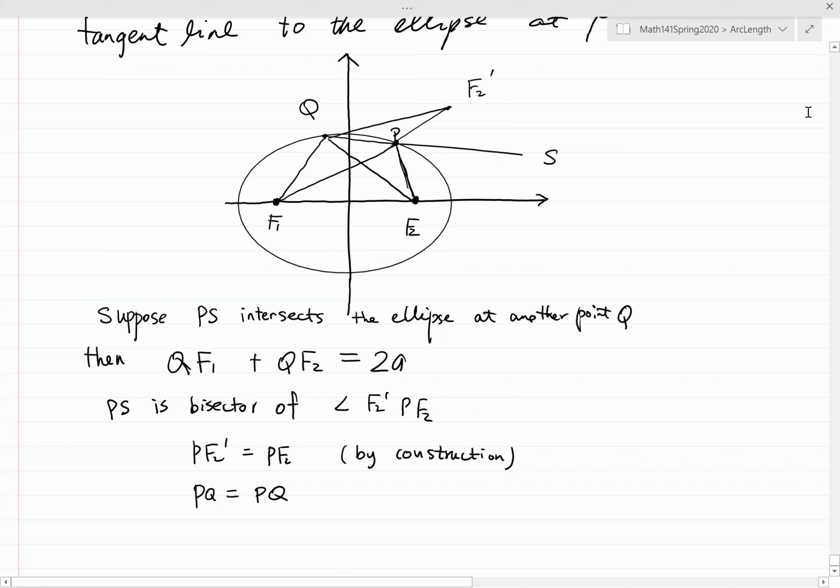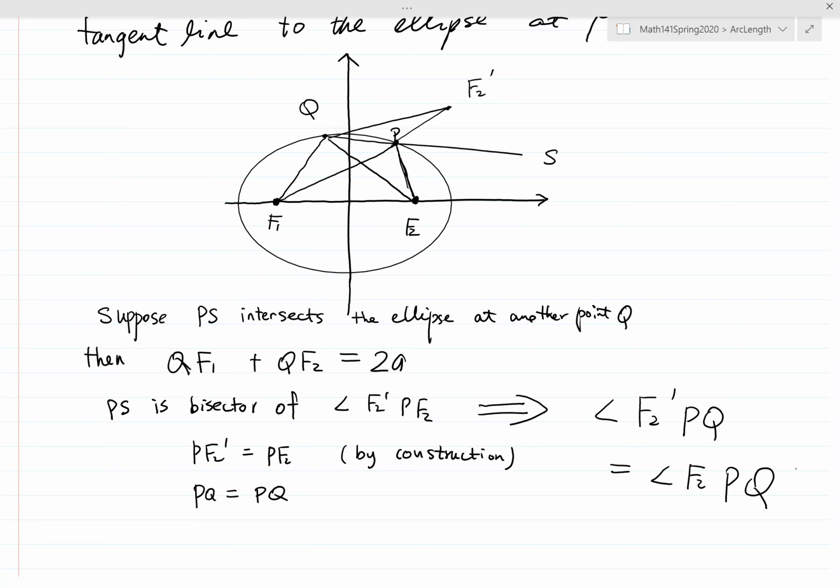The bisector tells us, so PS is the bisector, tells us angle F2 prime PQ is congruent to angle F2 PQ. Okay, this is because of the bisector.